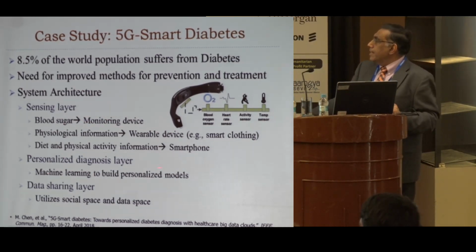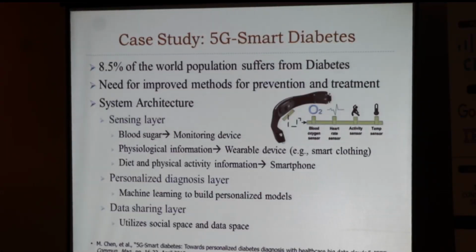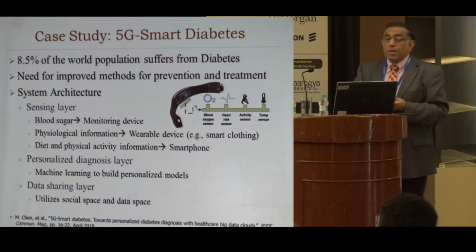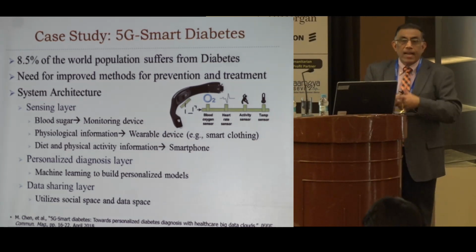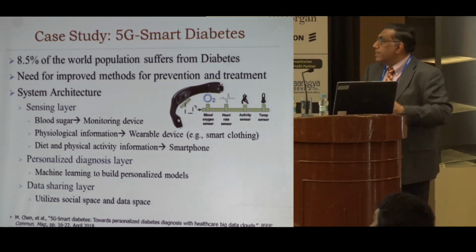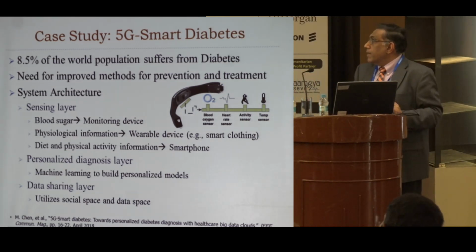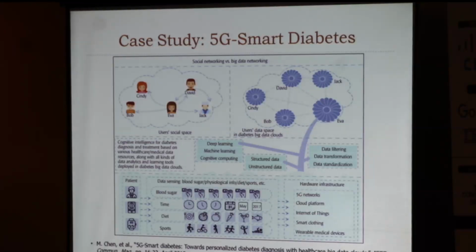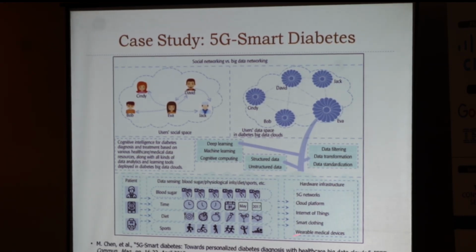And then machine learning will have to build personalized models, and then data sharing, which means that maybe you want to distribute that information on your social network. So there are different layers, levels of things, and that's something that's going on. And then like this picture from the same paper, here you have all the buzzwords: 5G networks, clouds, IoT, smart clothing.